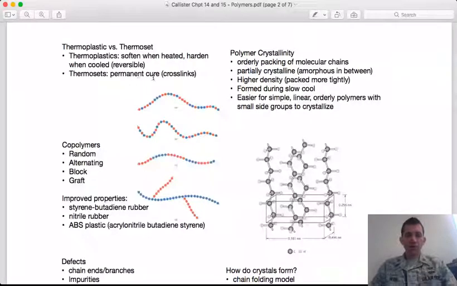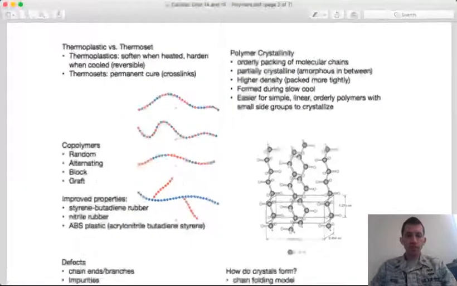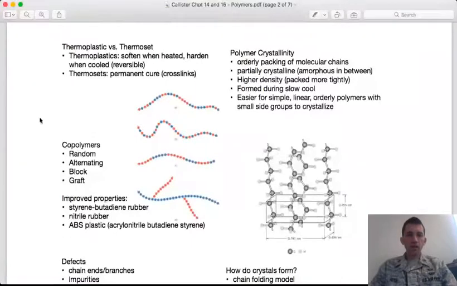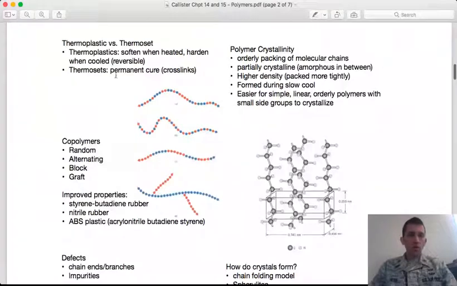This is what you might see with a two-part epoxy, where you're adding part A and part B, and they chemically cure and form these crosslinks. And a thermoset is non-recyclable, right? If you try to heat that up, like I said before, you'll just burn it up. It will never soften. However, it also results in a much stiffer final product.